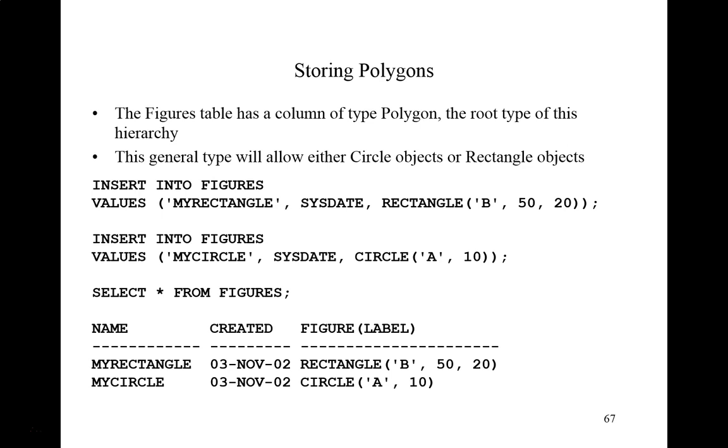In our second insert, we insert a circle object. And when we perform a query to retrieve this data, we see that we do indeed have a rectangle and a circle. This is an example of substitutability. A rectangle subtype is substituted for the polygon supertype, and similarly, a circle subtype.